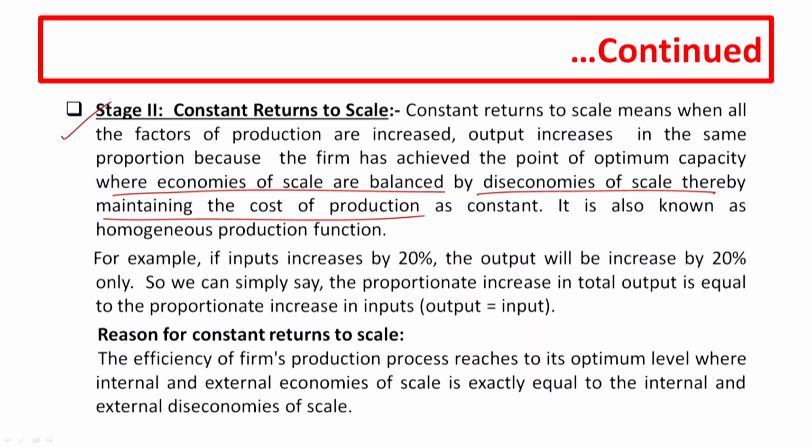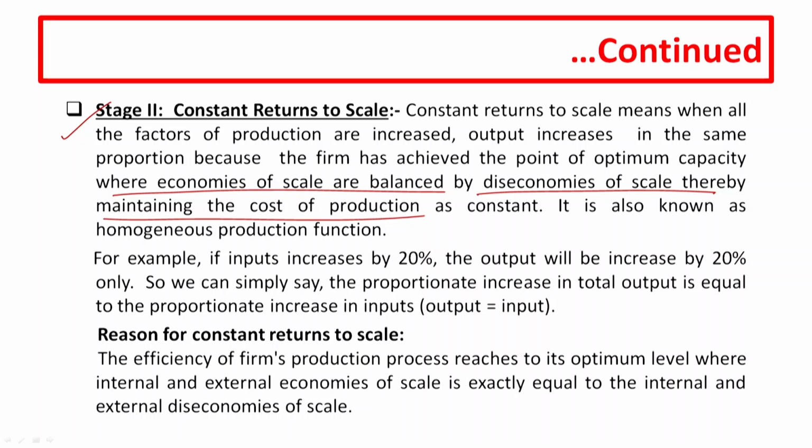That means now economies and diseconomies are in equal proportion, and due to this reason the constant return is there, or you can say constant cost of producing the goods and services.